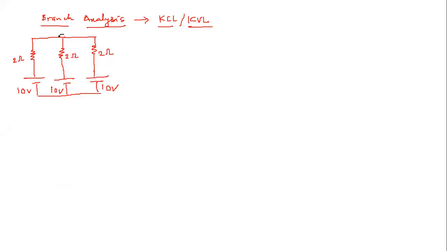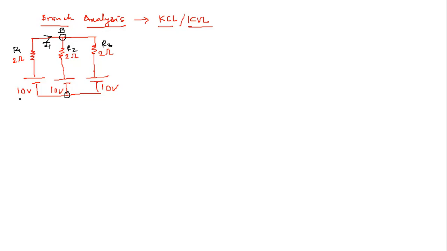I won't be writing down the steps. The first step, as we know, is that we need to mark this node, or junction, we call it. And let us assume this is the current flowing through this, that is I1. There are 3 batteries now, and we used to name the resistors R1, R2, and R3, right?